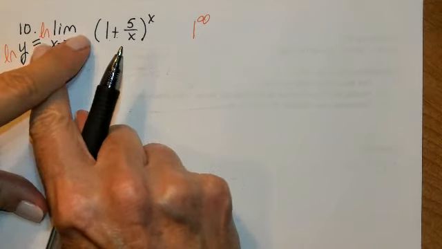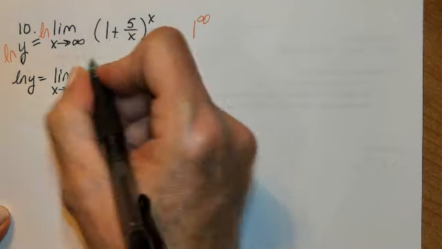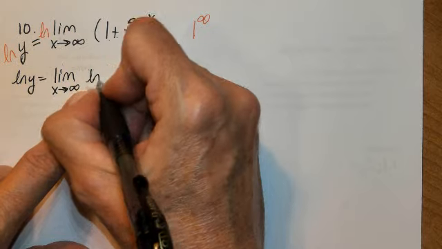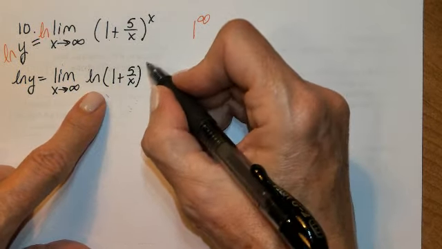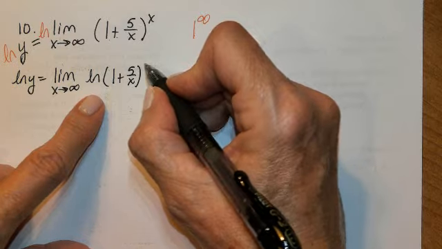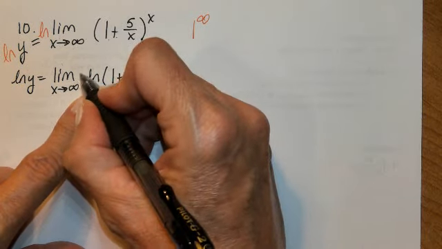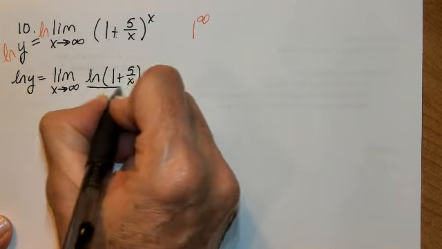Okay? So I'm going to have the natural log of y is equal to, I'm going to go ahead and switch these two, the limit as x goes to infinity of the natural log of 1 plus 5 over x. It would be to the x, but we want to pull the x down, but then we really want it to be under here. So is this okay?